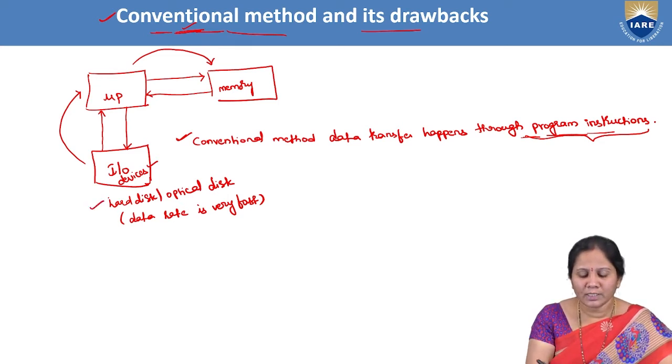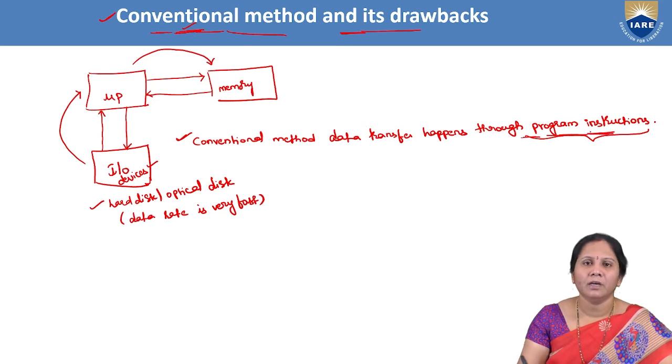When these IO devices are fast devices, transferring data by using the conventional method has a drawback, because the data transfer is happening because of program instructions.